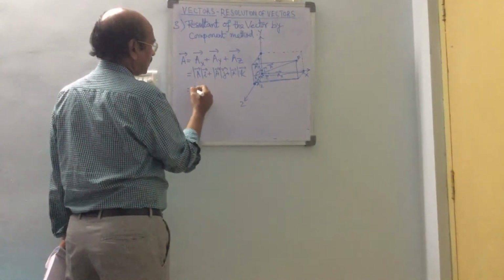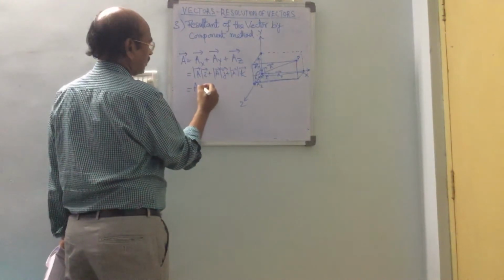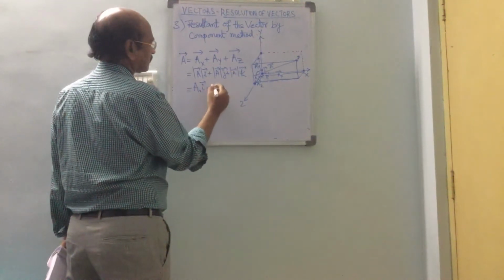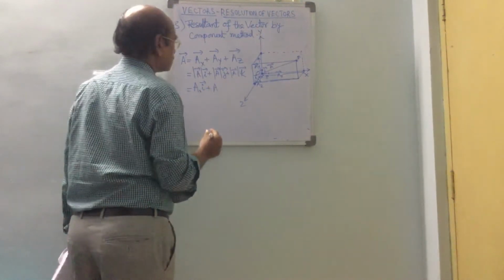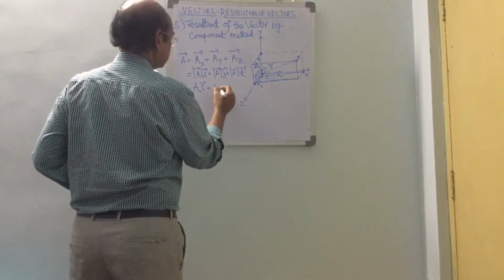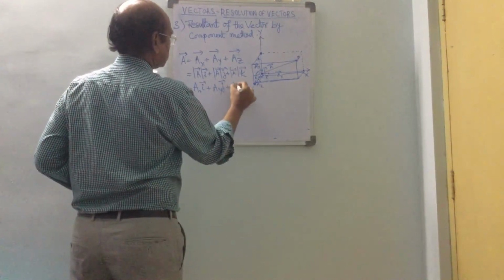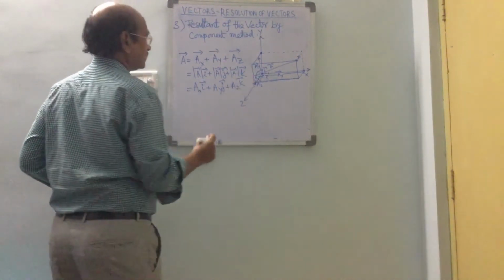Simply, this may be written as AX I bar, AY J bar and AZ K bar also in some textbooks.